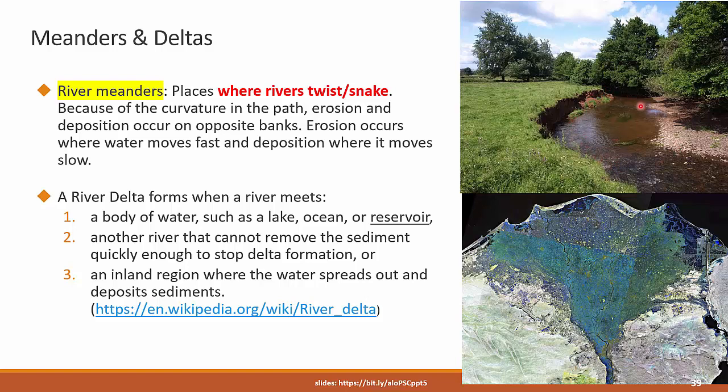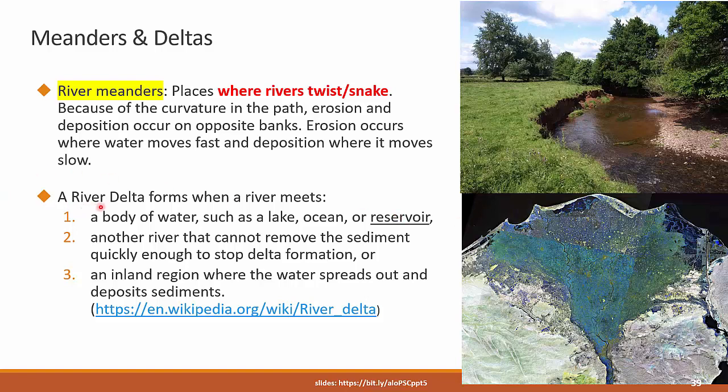While here it is moving slow, so some of the silt and rocks that it is carrying are going to be deposited. They are going to settle here. So meanders is whenever we have both erosion and deposition happen at the same place in opposite banks of the river or the stream.